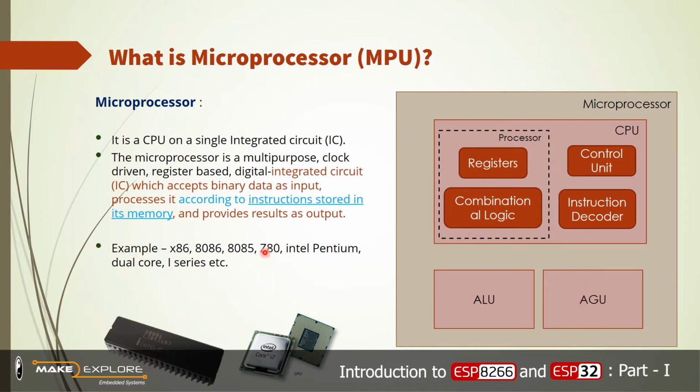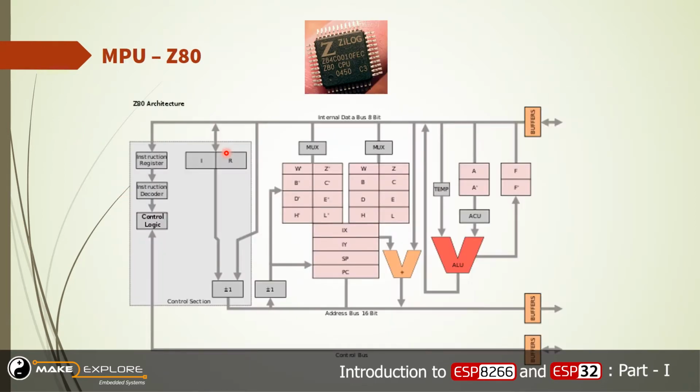Examples of microprocessors are x86, Z8086, Z8085, Z80, Intel Pentium, dual core and i series. You must have heard about the Z80, a very popular microprocessor in the 80s.